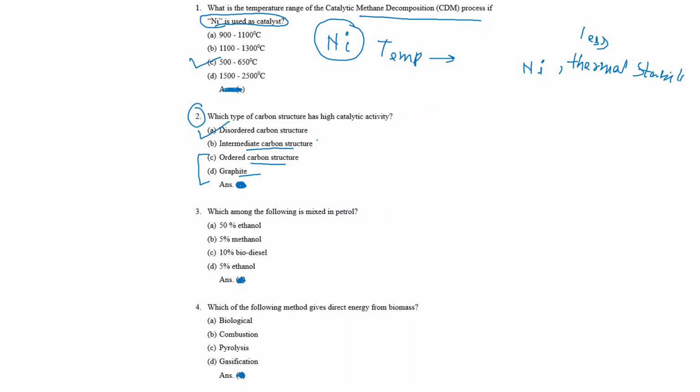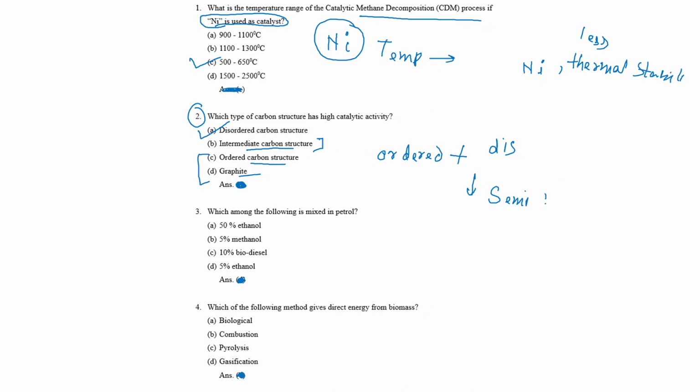Intermediate carbon structure means ordered structure plus disordered structure, amorphous and ordered. It is called semi-crystalline material.